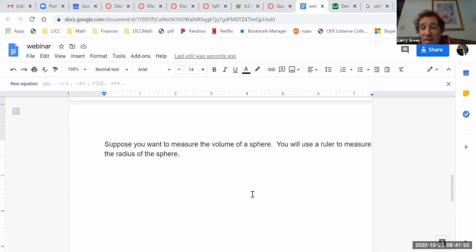Okay, all right, so we'll do inches is okay. I tried to do metric system, but we'll go with inches. So 1/16 of an inch. You can measure the radius within 1/16 of an inch.